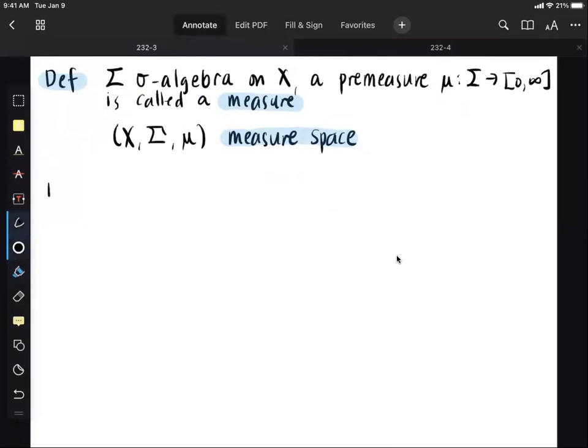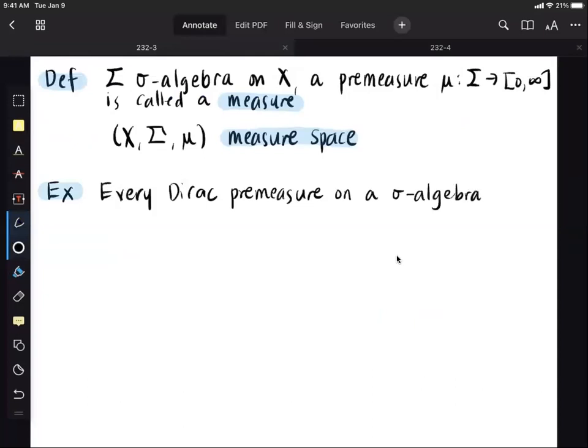Okay, so let us provide several examples. The first one is every Dirac premeasure on a sigma algebra is a measure.